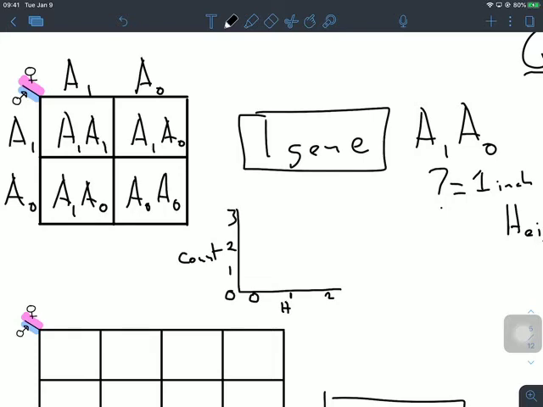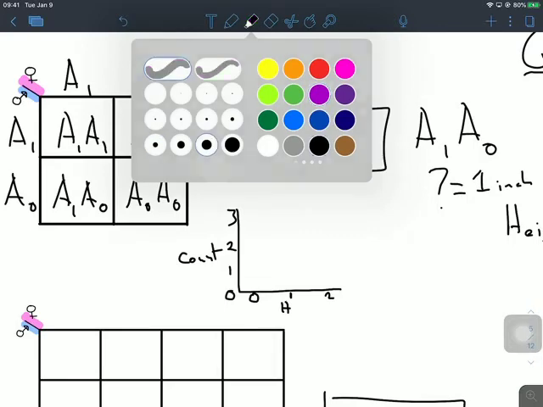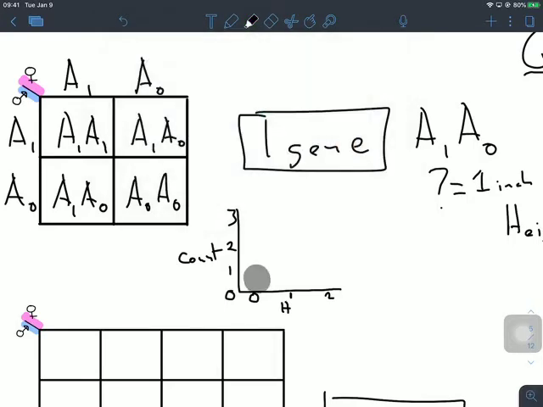So how many individuals have a height of 0? Well, just the 1. How many individuals have the height of 1? Well, 1 and 2. So this was your height of 0.